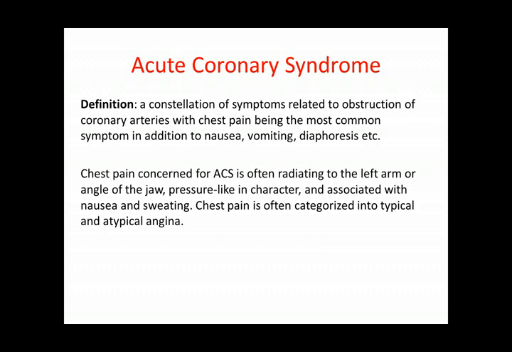So it is a constellation of symptoms related to the obstruction of the coronary arteries, with chest pain being the most common symptom, in addition to nausea, vomiting, diaphoresis, etc. Chest pain concerning for acute coronary syndrome often radiates to the left arm, to the angle of the jaw, to the chin, is pressure-like in character, and is associated with nausea, vomiting and sweating.